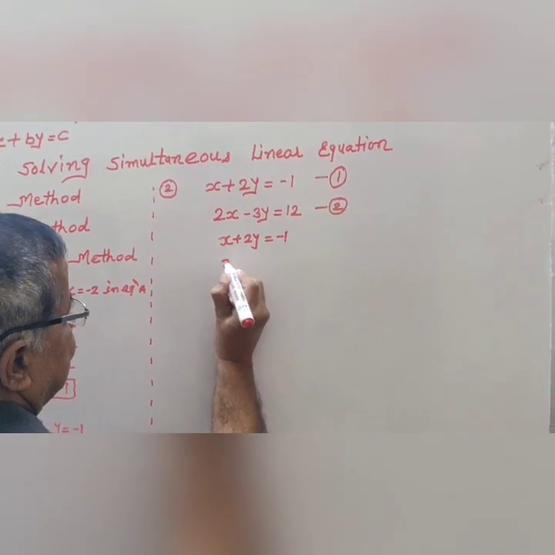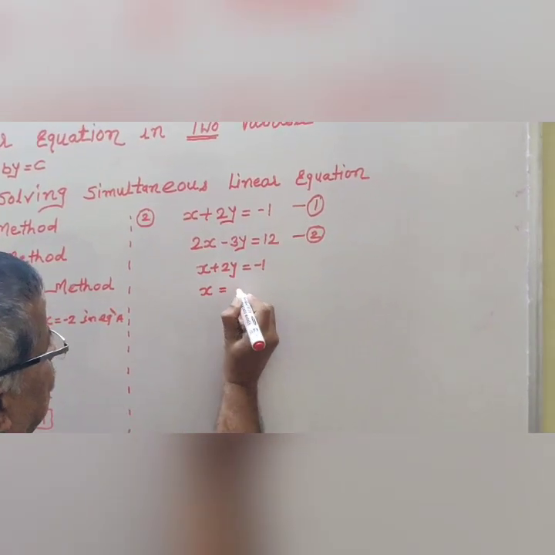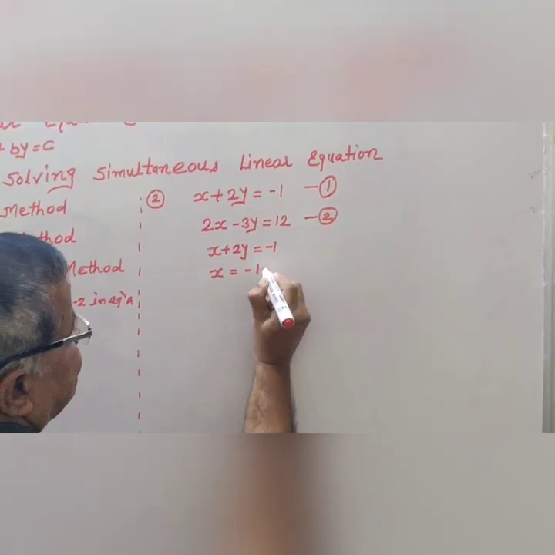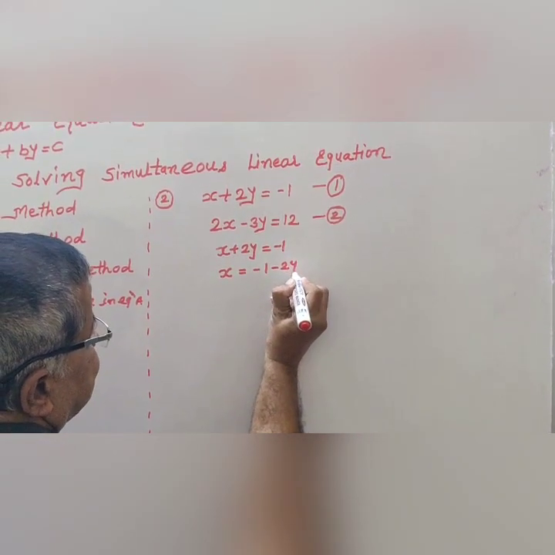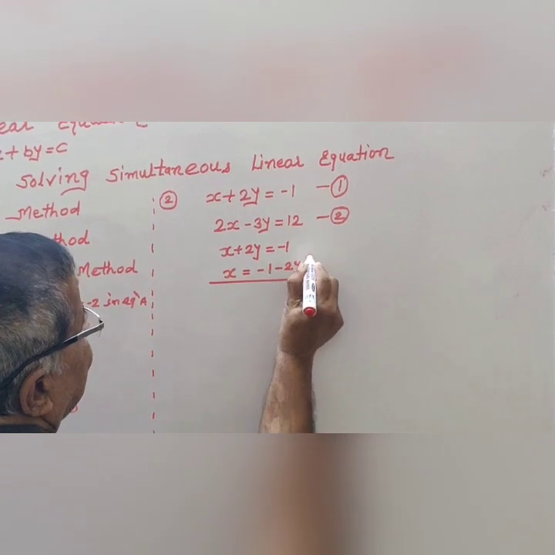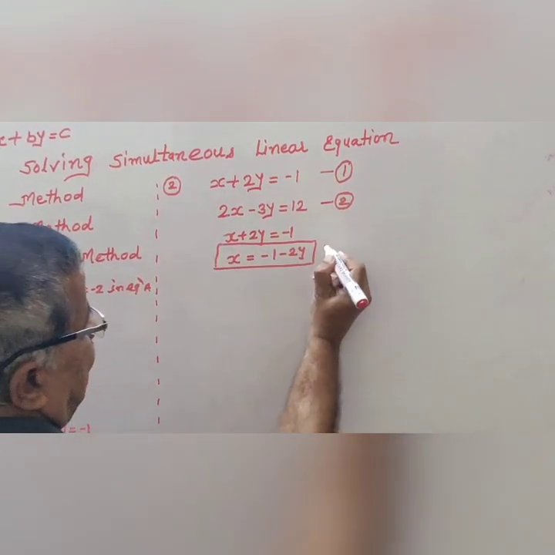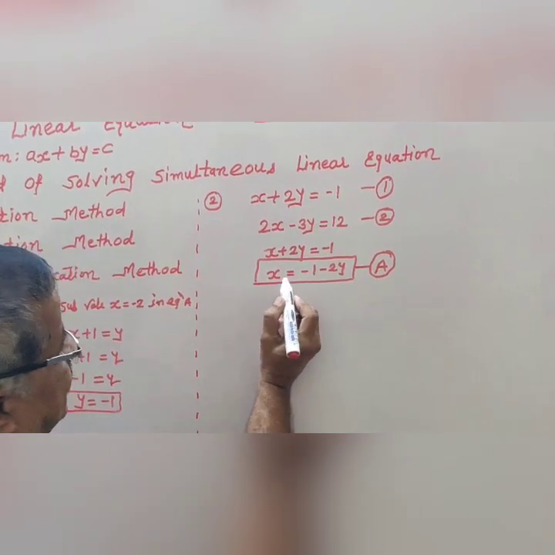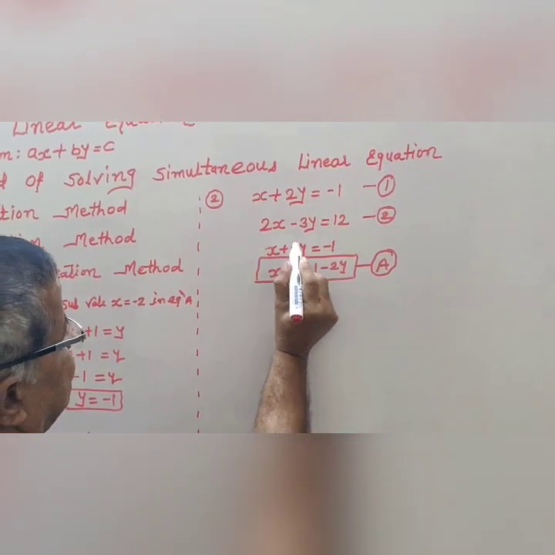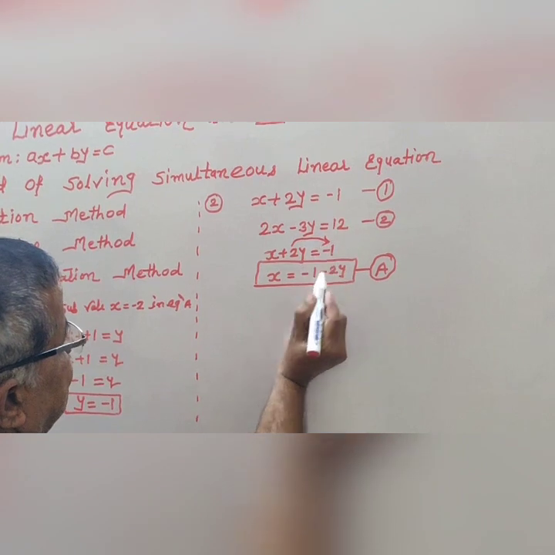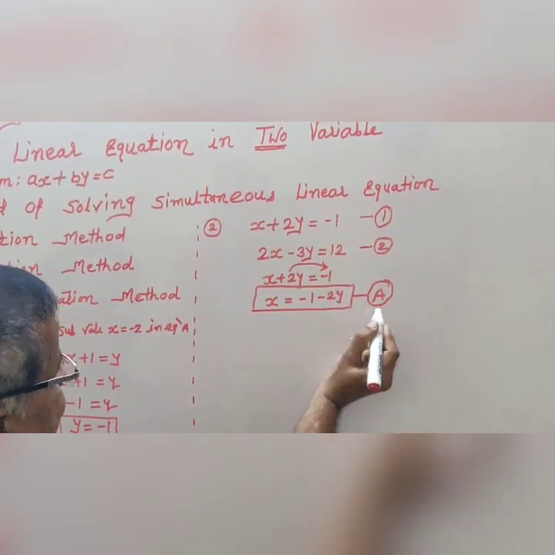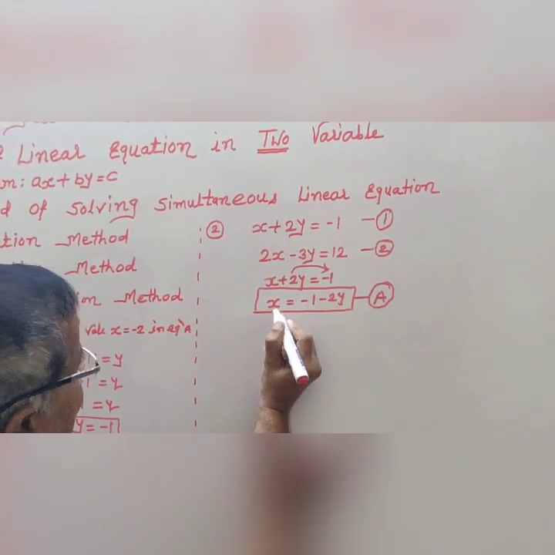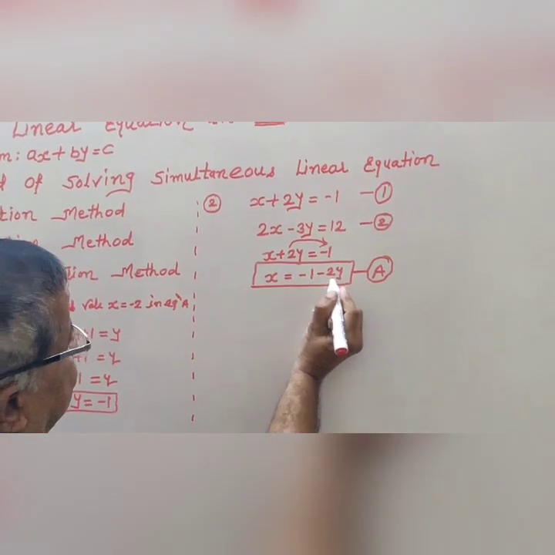I can transfer 2y to that side, so x is equal to minus 1 minus 2y. This is the value of x in terms of y.